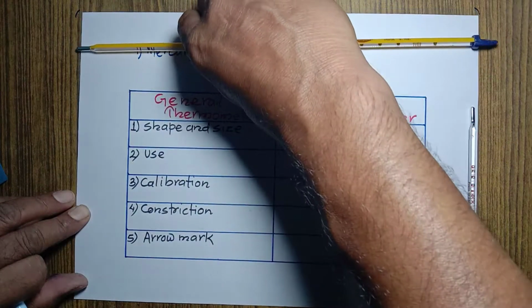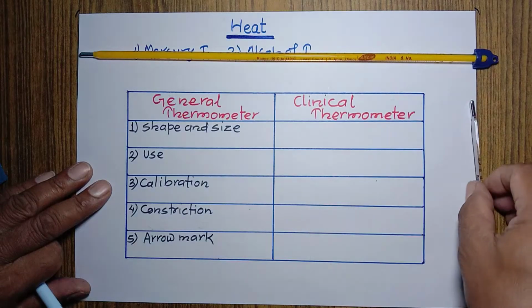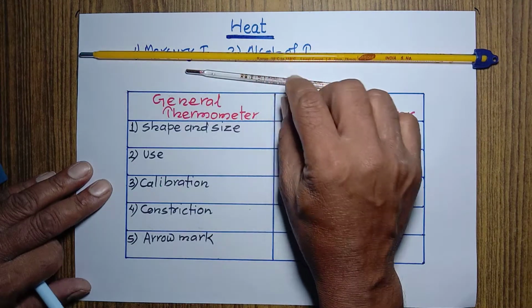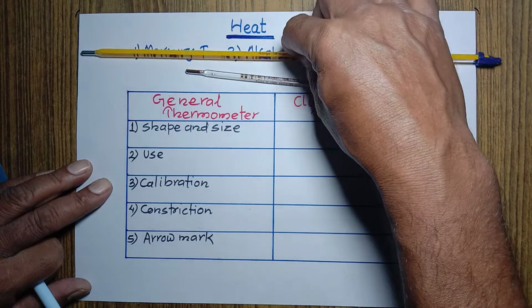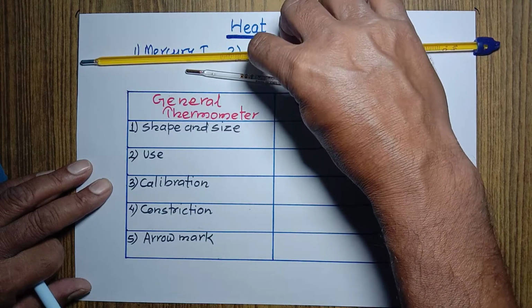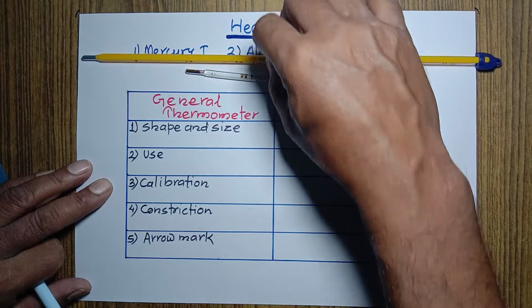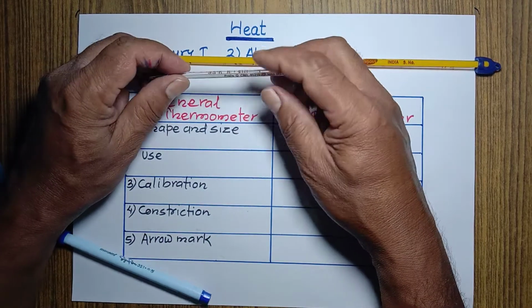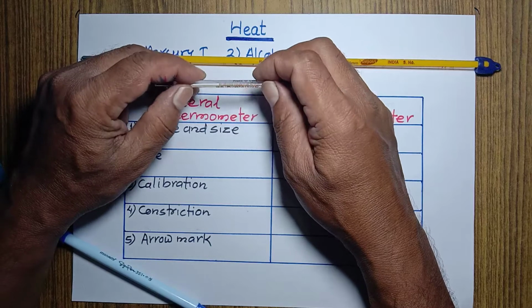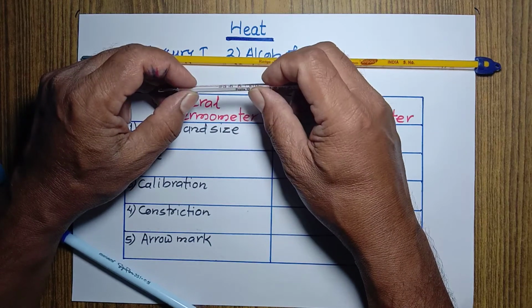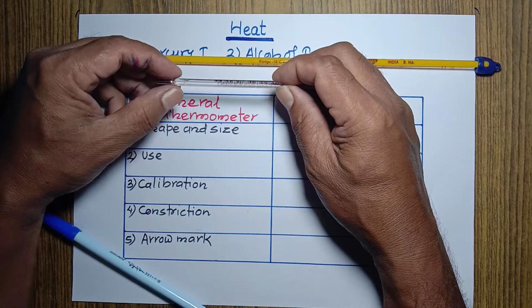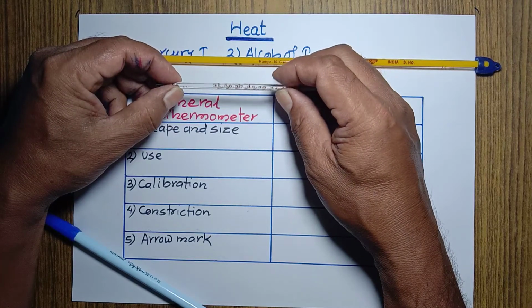But this one is very thin and short in comparison with this. And have you noticed this? Its stem is round, but this is somewhat prismatic. Prismatic means 3 sides are there. This one side, 2 side, and 3 side. It is made prismatic to see the mercury thread clearly by turning it.